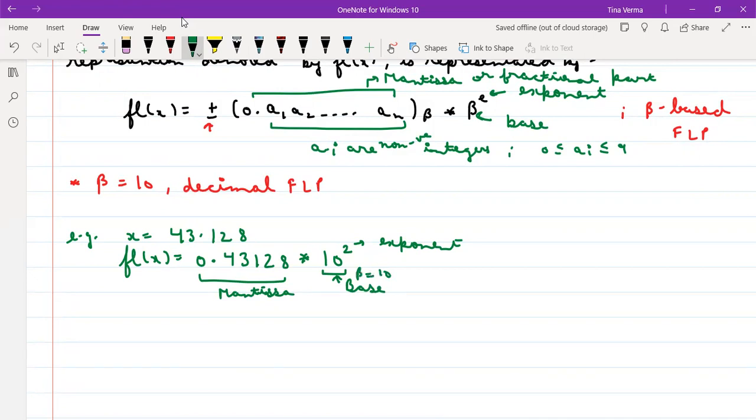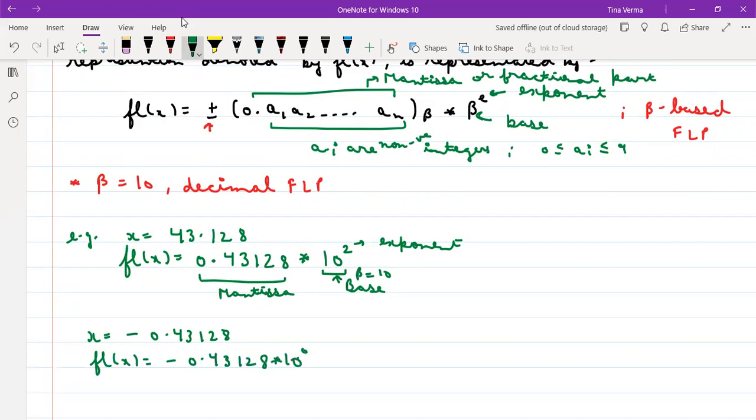If you have any number, like x equal to minus 0.43128, we can write it in the floating point representation. This will be minus 0.43128 times 10 raised to the power 0, because we have not shifted anywhere.